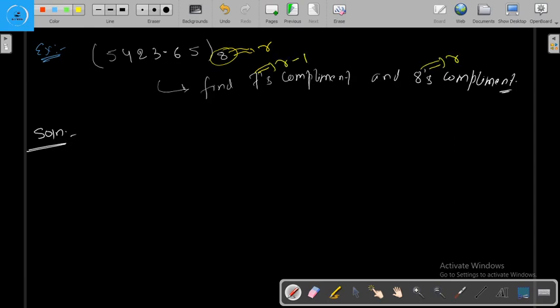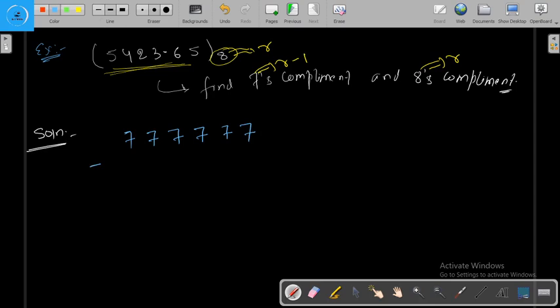First find the r minus 1's complement, then we find the r's complement, because for finding the r's complement we have to calculate r minus 1 first. So we write r minus 1, that is 7, as many times as there are digits: 1 2 3 4 5 6, six times.